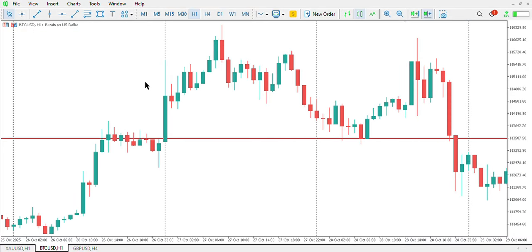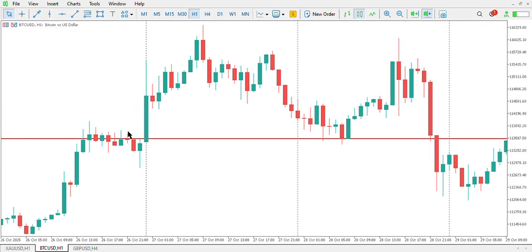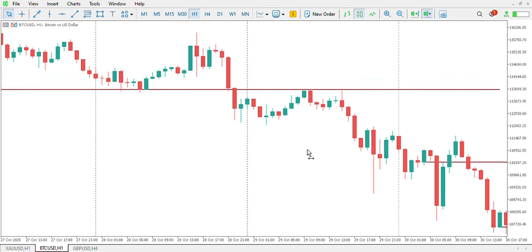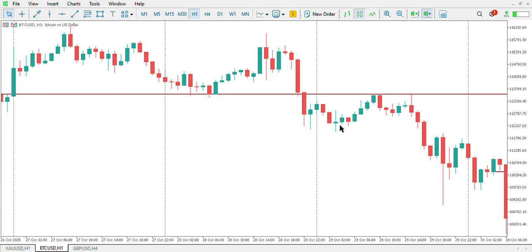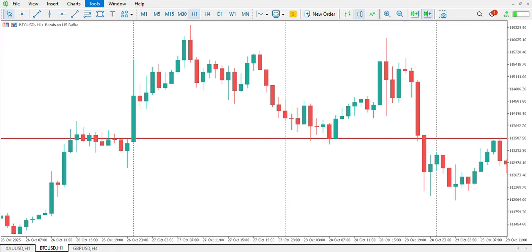So we will note our demand, and the rule is that the demand is created below this line, so when we are trading above it, the demand is below, and when we are trading below it, the supply is above it. So we will come here and draw our demand, which is this one.